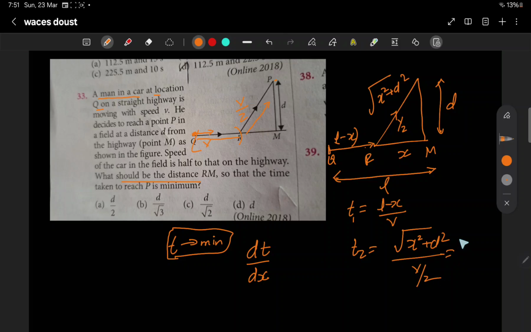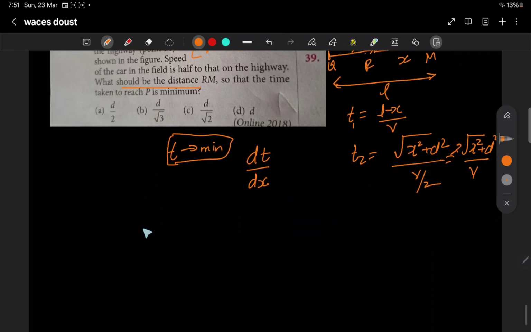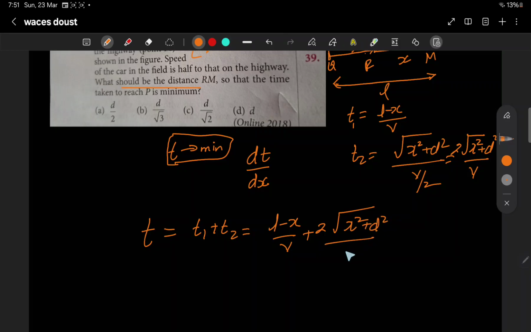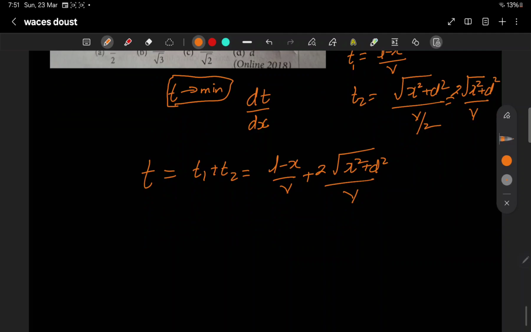So I can write this as 2 into root of x square plus d square whole divided by v. Correct? So now the total time, I said we have to find the equation for t. Has it come? t is t1 plus t2, the total time. So this is L minus x by v plus 2 into root of x square plus d square divided by v. Now we can differentiate this.